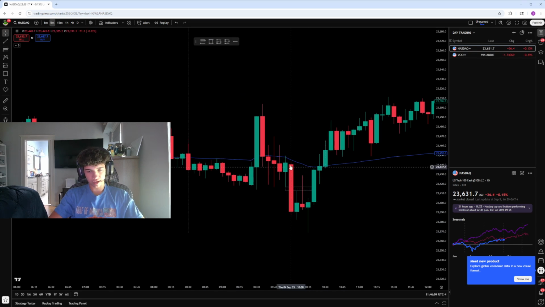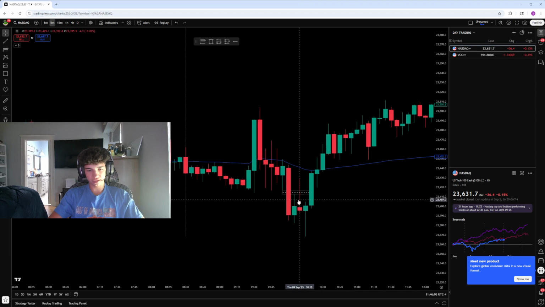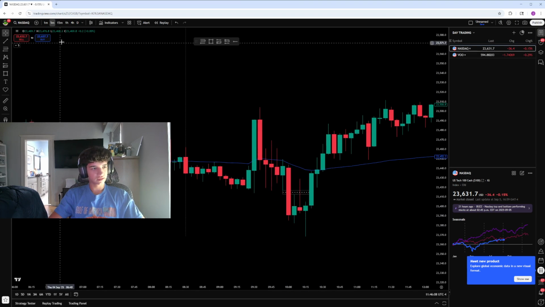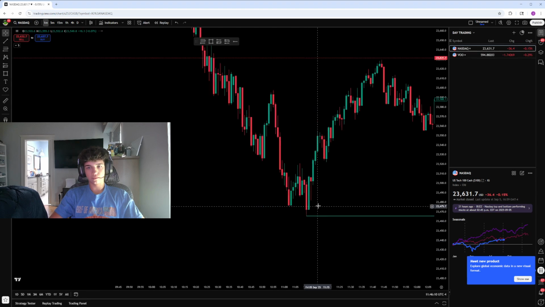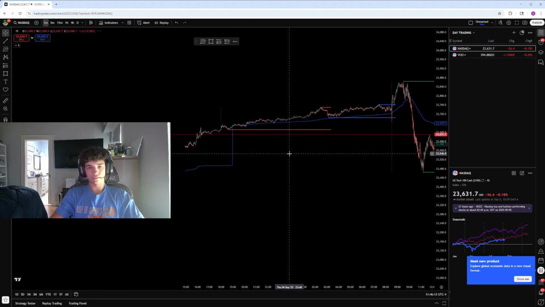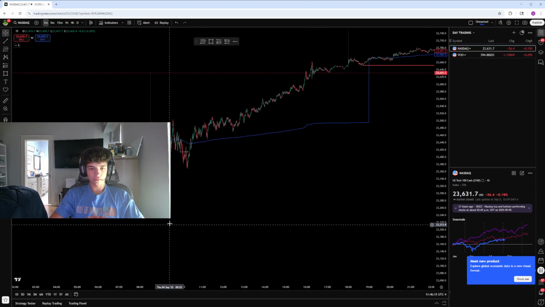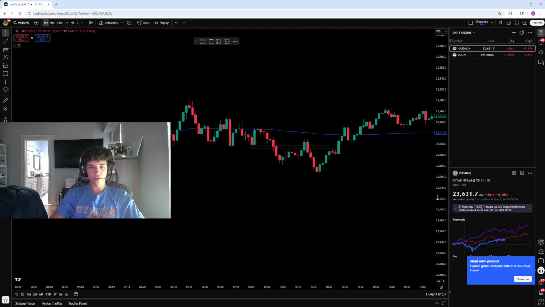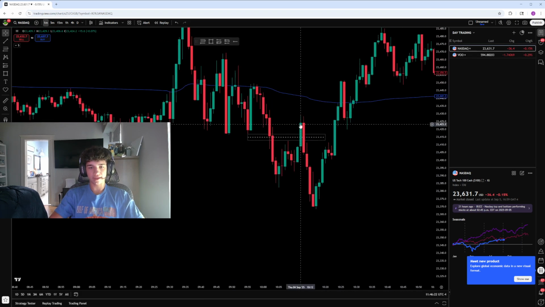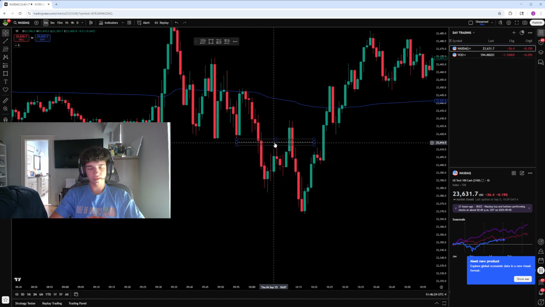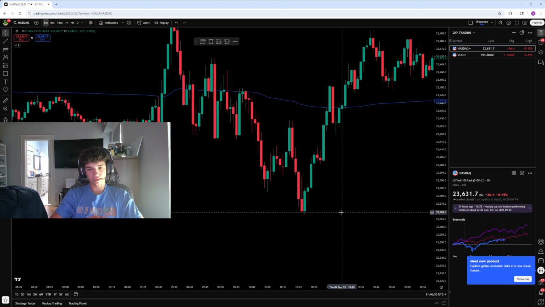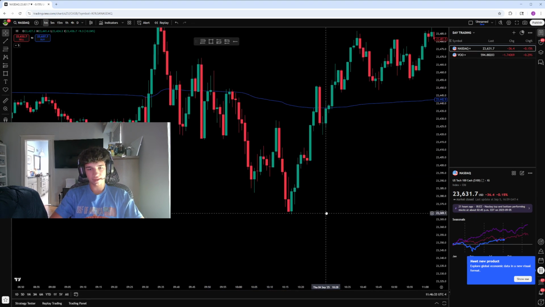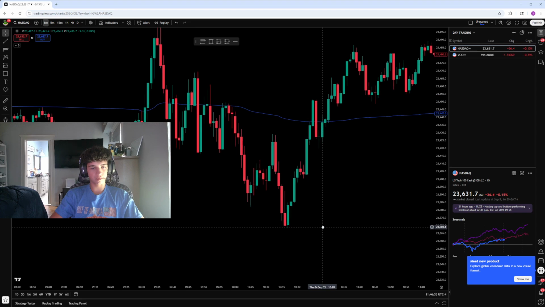And after this, look at what happens whenever it retests this fair value gap. This one wasn't very clean, it didn't perfectly work out, but you guys can see how it happened right there.